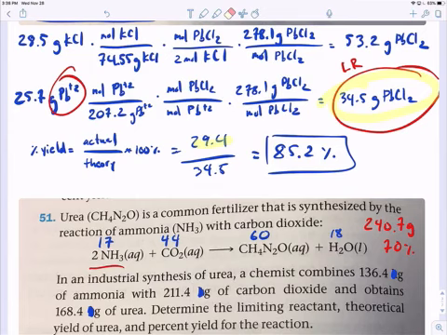This is around 60 urea. Yeah, okay. So it should be 240.7. Other than that, you have the right logic.